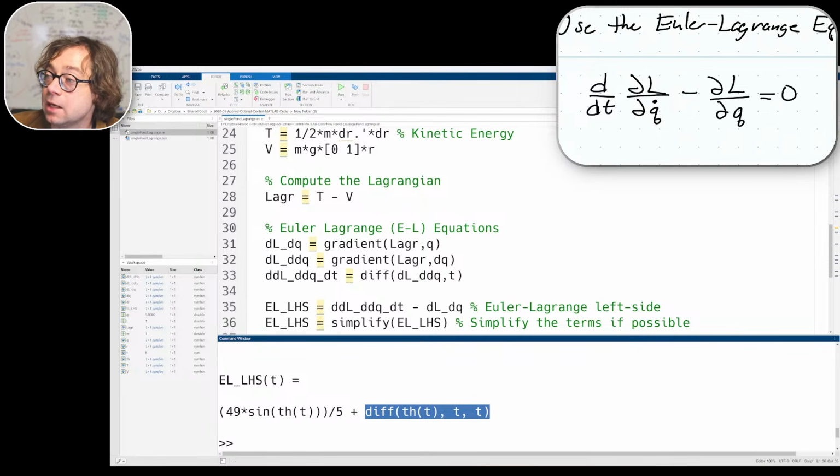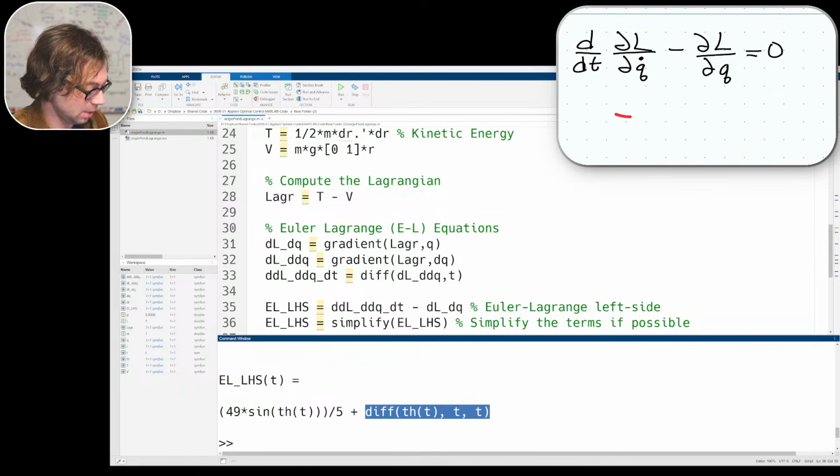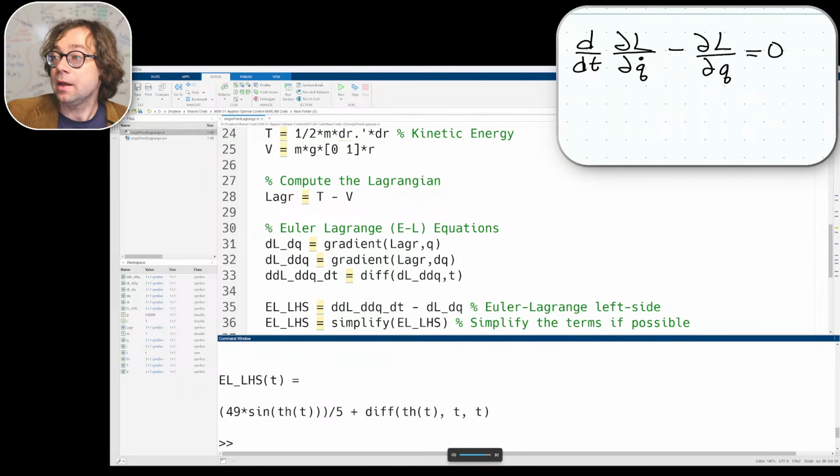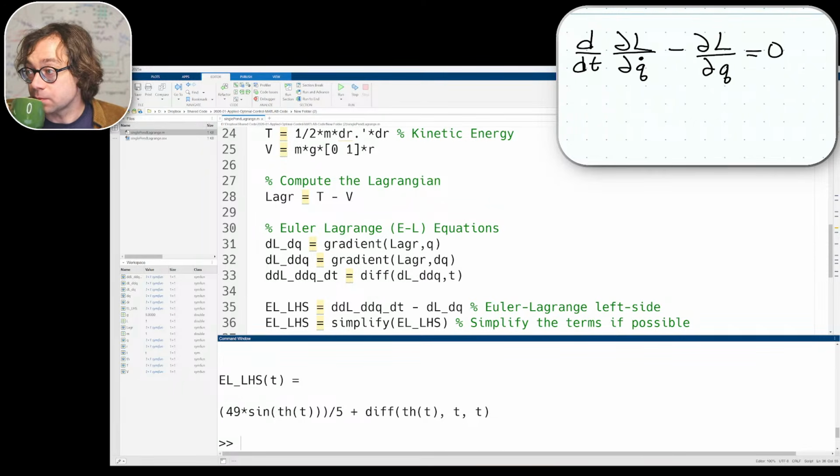Theta double dot is equal to minus G over L sine theta. We've seen that many times in this class, right? Boom. But I am generalizing how to set up the Lagrangian mechanics so we can have a more complicated system, such as the double pendulum, which we will start on next class, and then try to control it.